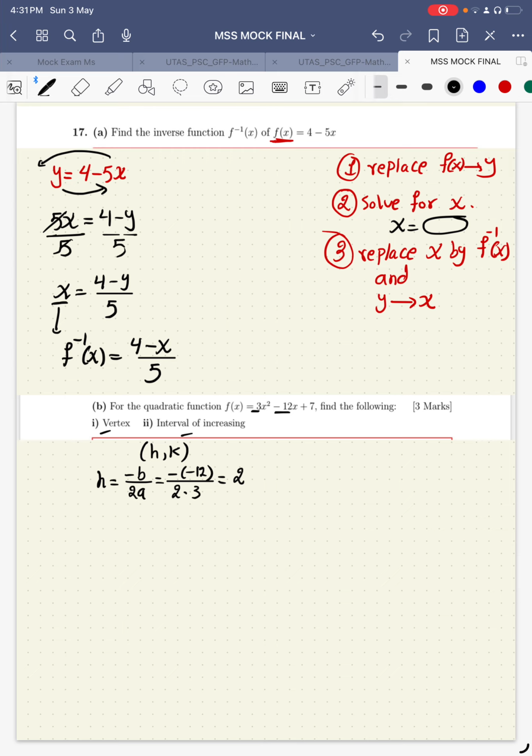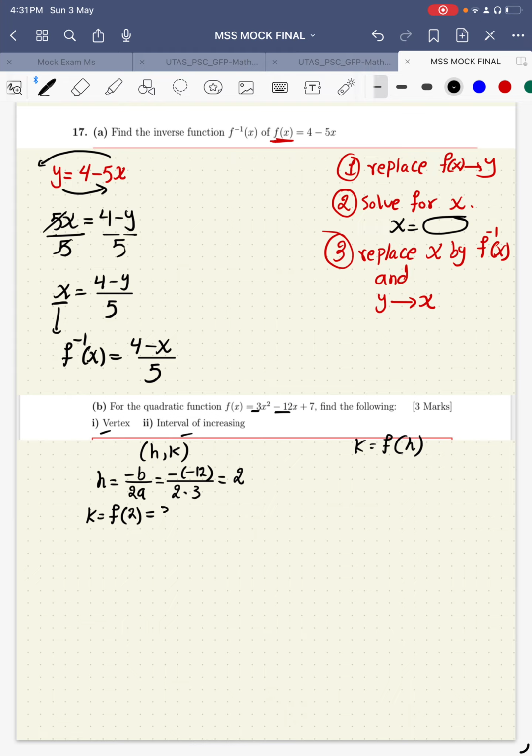Now how am I going to find k? Remember, k is always f of h. So I know that k equals f of h. I take the value I got for h and substitute it into the equation to get k. So f of 2: I'm going to go back to the function f of x and replace every single x with 2.